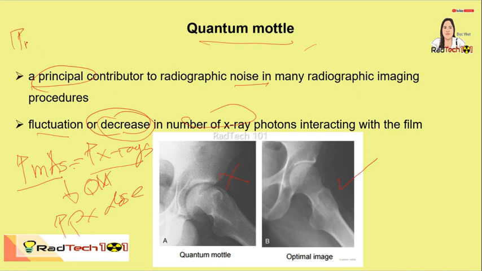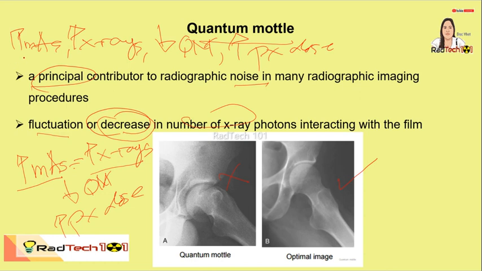So higher mAs, higher number of X-rays, mas mababa ang quantum mottle. Pero higher naman ang patient dose dahil nga mas mataas yung mAs, maraming X-rays.